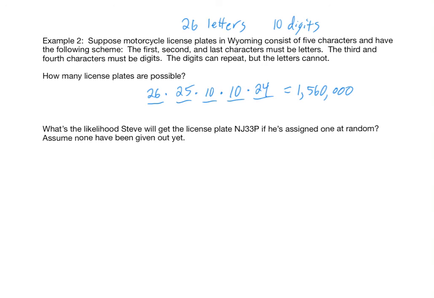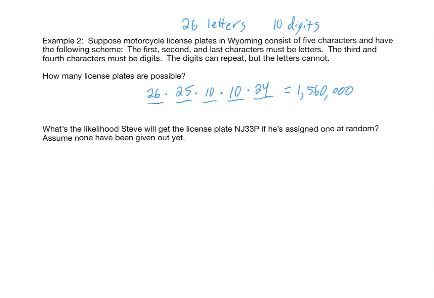Now that we know all of the possibilities, we can answer a probability question. What's the likelihood Steve will get the license plate NJ33P if he's assigned one at random? Assume none have been given out yet. So NJ33P is one specific license plate that fits this condition.